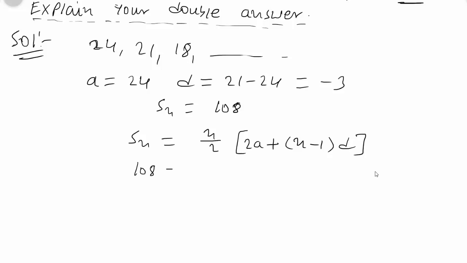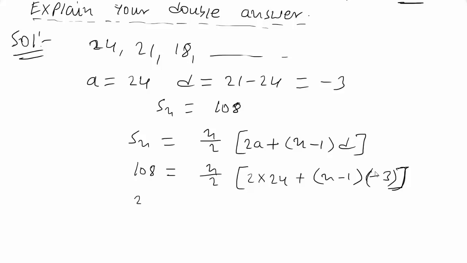See, 108 is equal to N by 2 times 2A, yes we know A, so it becomes 2 times 24 plus, again we don't know N, and D is minus 3. If you write minus 3 this way, it means that 3 is being subtracted, but rather it is multiplied, so put a bracket.